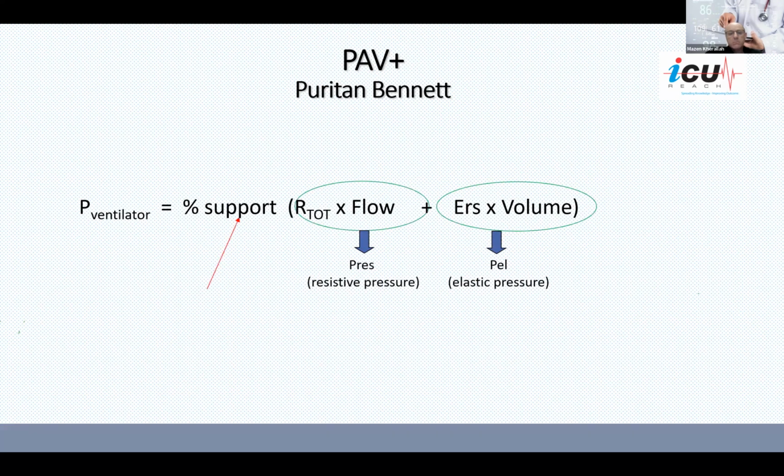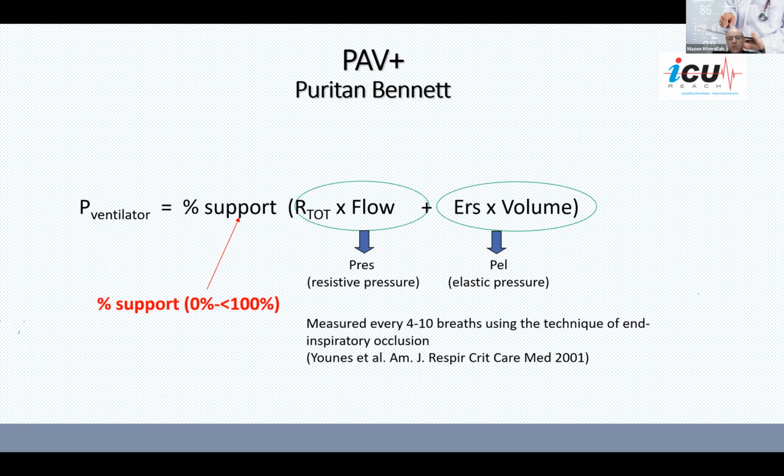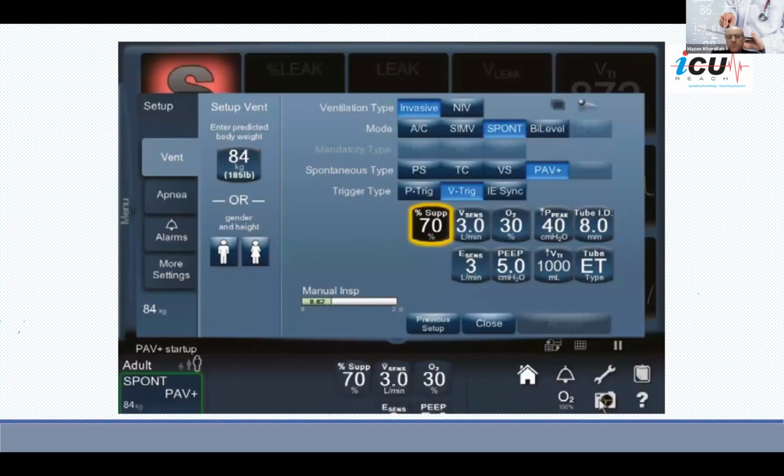So, let me just show you the screen so you can understand the settings. Okay. So here, this is the screen on the newer Bennett, I believe. Of course, you can utilize this as invasive mode for the patient. The PPS can be used invasively or non-invasively.